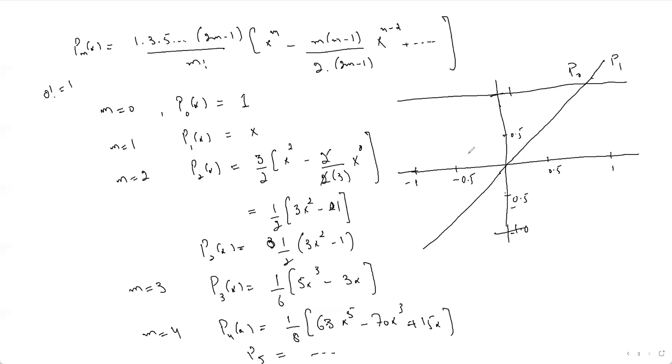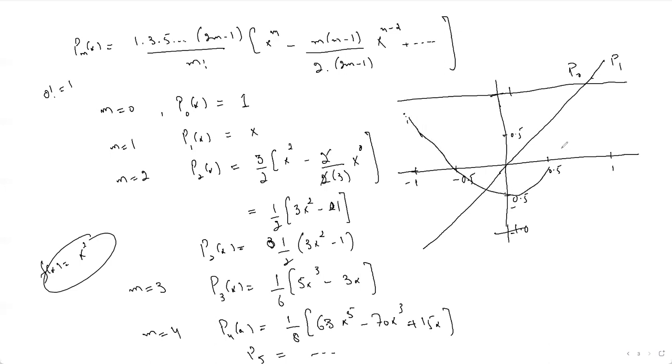What is P2? Now P2 you can just plot. This is some function, like when we write a function f of x is equal to x square, you can plot this function. So we can just have the P2 of x. P2 of x will be like this.